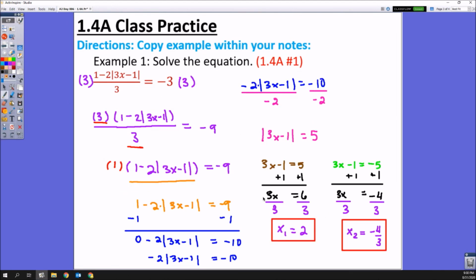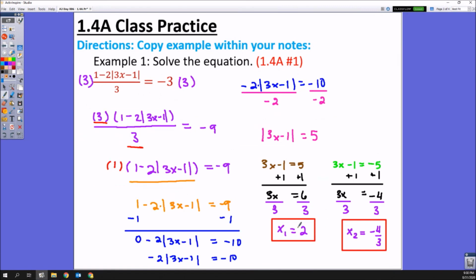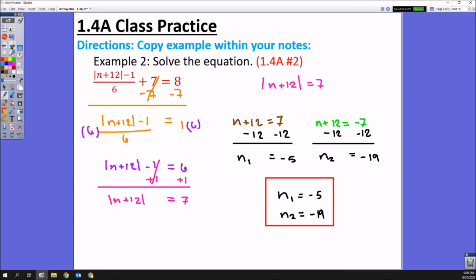In this case, example 2, they're both the same sign, but different numbers, negative 5 and negative 19. Example 1, you have a positive 2 and a negative 403, which is a fraction. So you never know what kind of answer you have until you start solving it all the way through. So this is pretty much what you have to do when you're solving absolute value when dealing with big fractions.